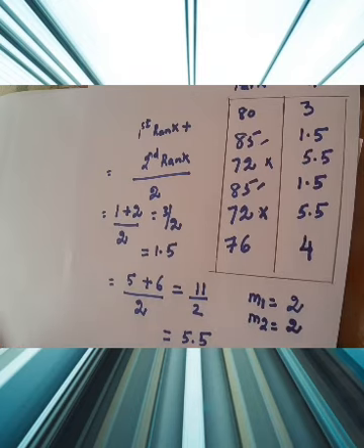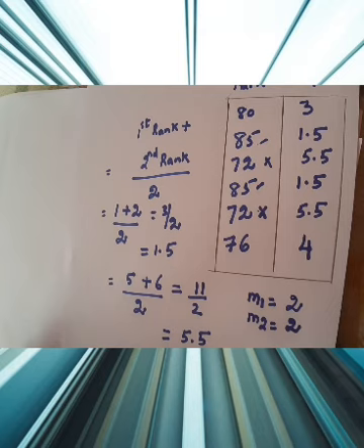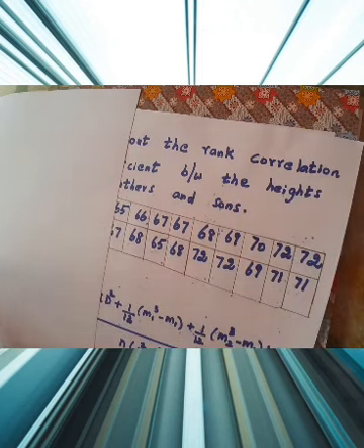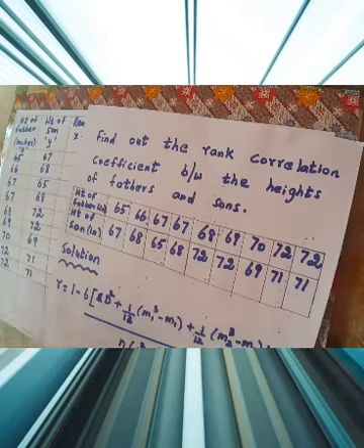Don't get puzzled. M1, m2, m3 are all related to the number of times a particular value is repeated. Got it, students?